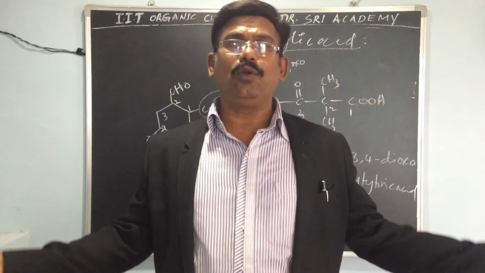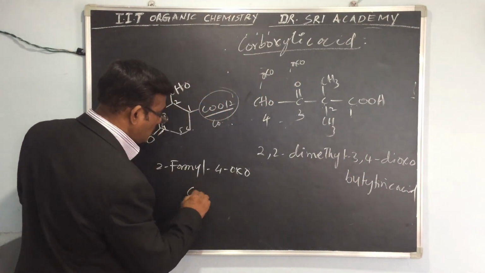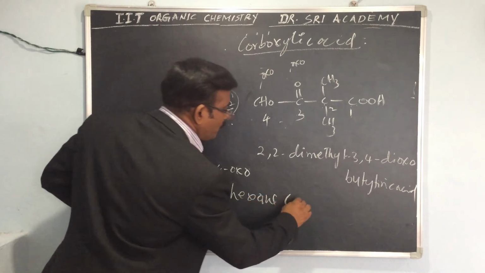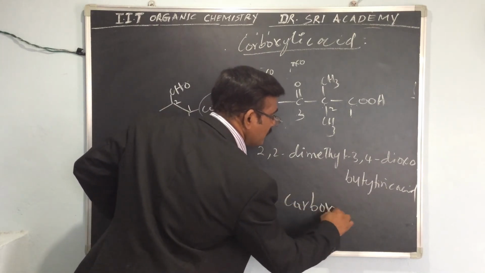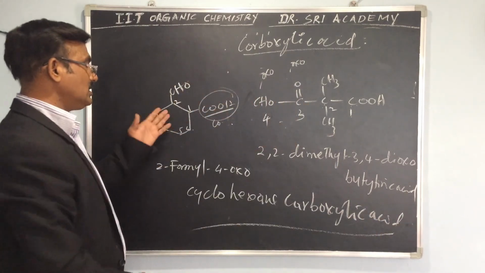Cyclohexane carboxylic acid. So the name is 2-formyl-4-oxocyclohexane carboxylic acid.